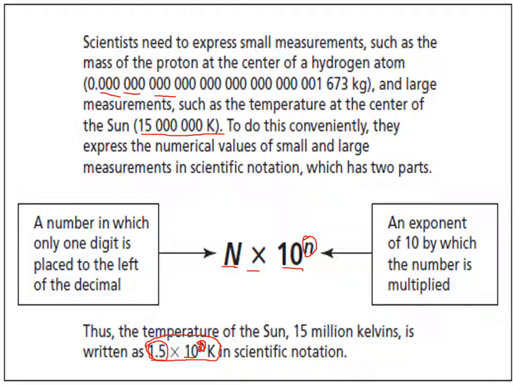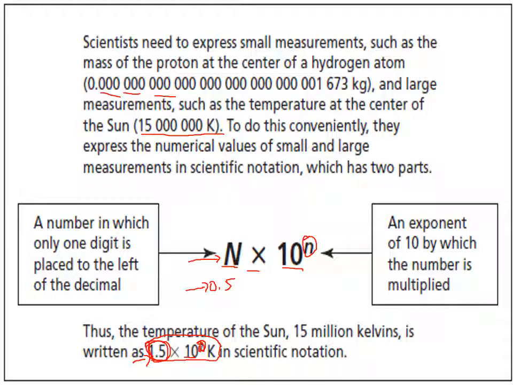Now, the other thing I need you to remember is that the coefficient needs to have a non-zero digit as your first digit. So if you have 0.5, that's incorrect. It's not proper notation. This first digit has to be a non-zero digit. So for example, 1.5 would work because that first digit is non-zero, or 2.5 or 3.5.